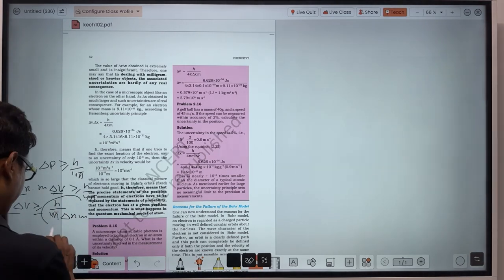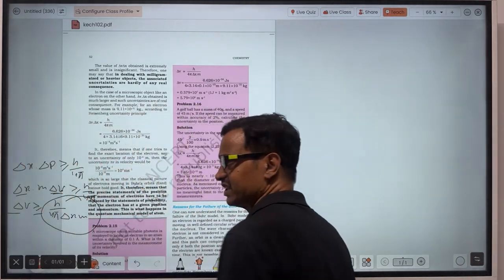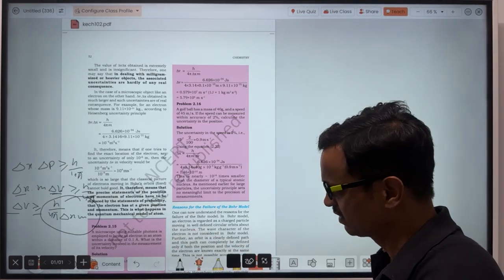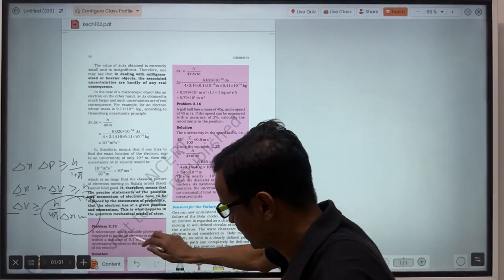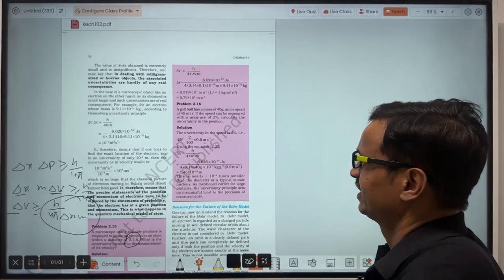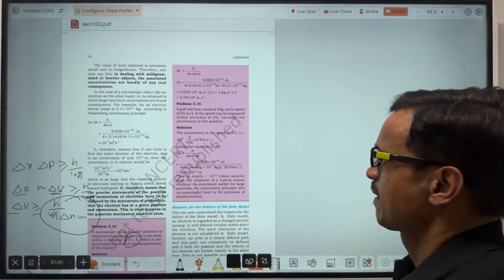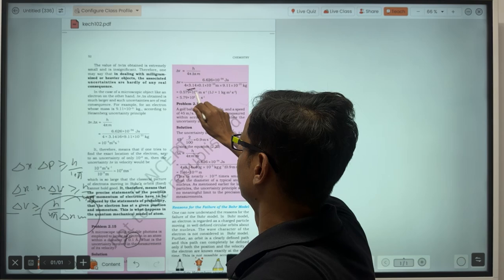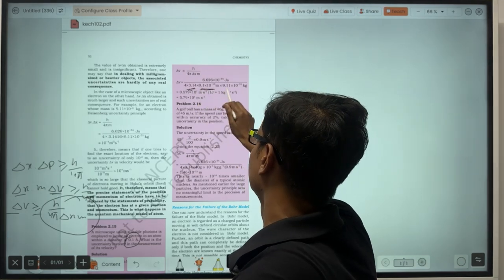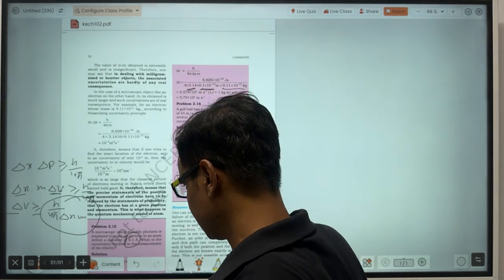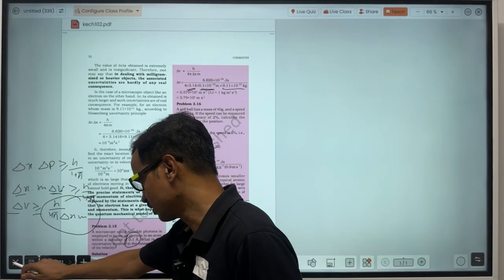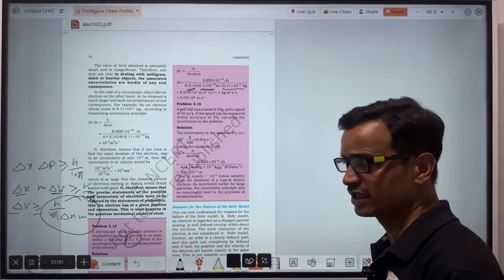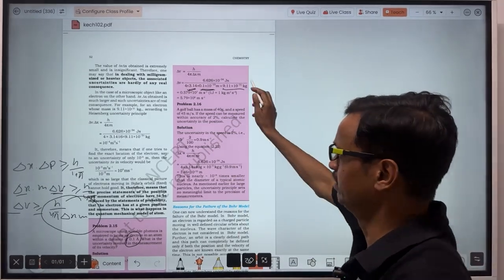So that is how delta v has been calculated by putting the value of h as 6.6 into 10 power minus 34, 4, and pi is 22 by 7. Delta x is given already as 0.1 angstrom, that is 0.1 into 10 minus 10 meter, and m is the mass of the electron, 9.1 into 10 raised to power minus 31 kg.